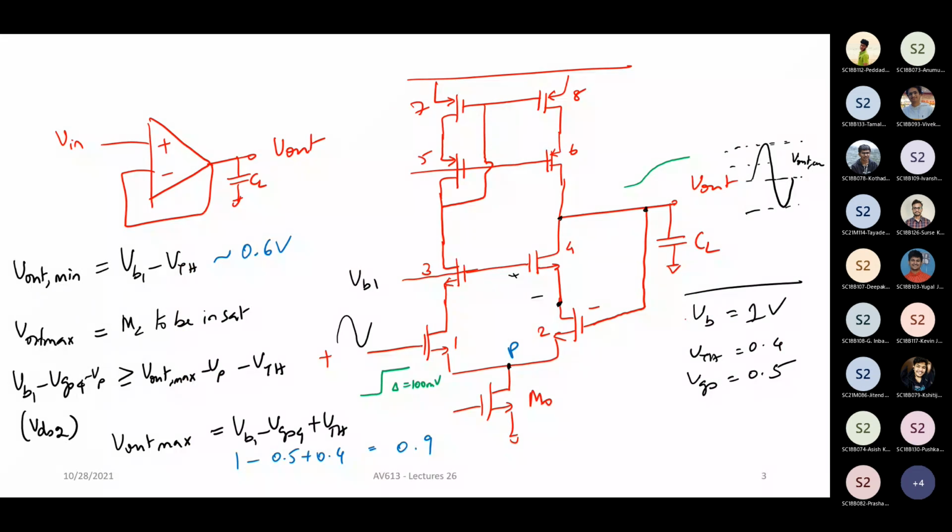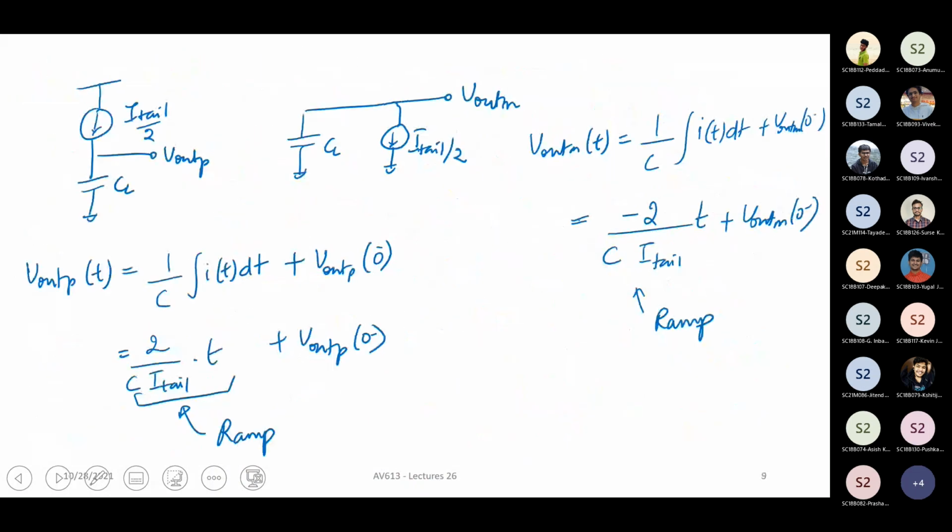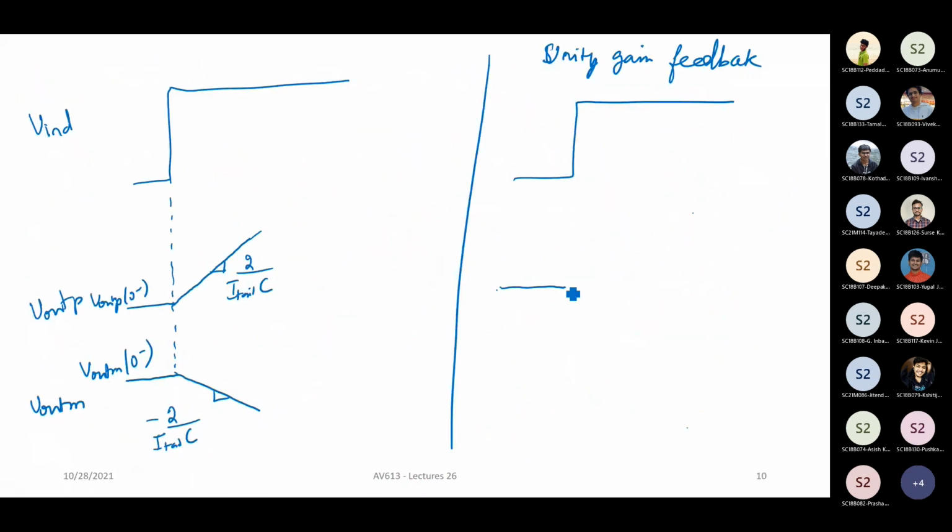Say you had given a large step at the input. Initially, only the left hand side was pumping current, and the entire I tail was coming like this. Now as this side also starts increasing, M2 comes back into saturation. When M2 and M4 come back into saturation, initially it will be a ramp, and then it will follow the exponential. So this is exponential, this is ramp.